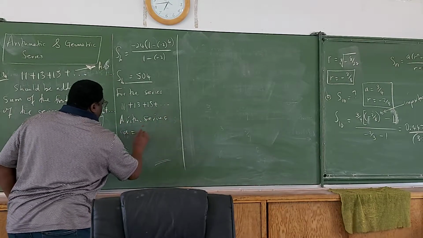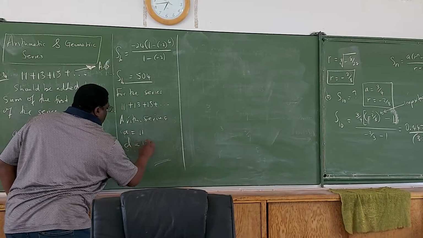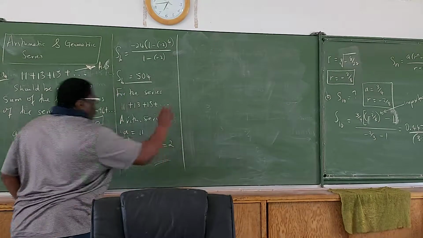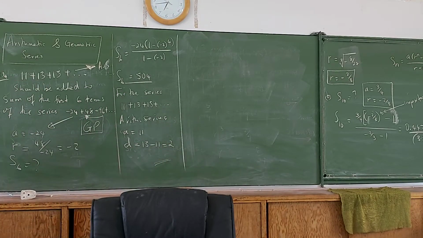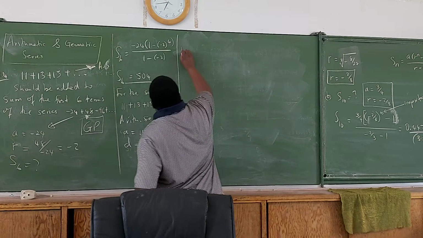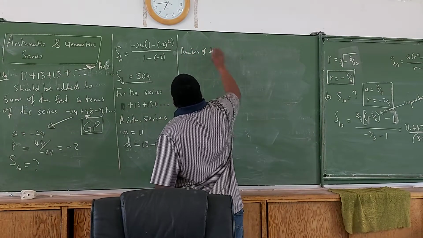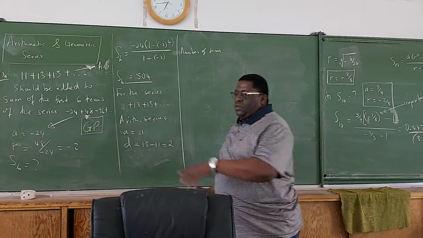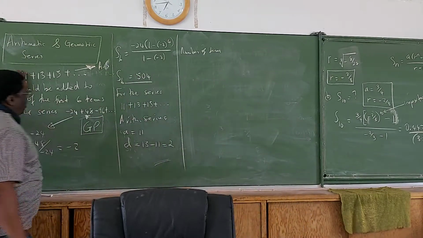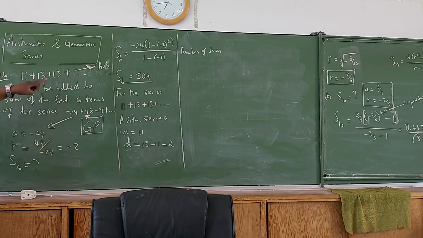This is an arithmetic series, and our first term here is 11. Our common difference is 2. Now we are looking for the number of terms. How many terms should be added here to give you a sum of that?